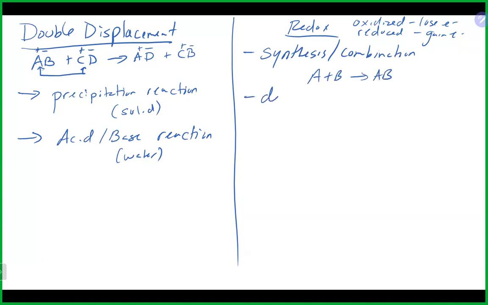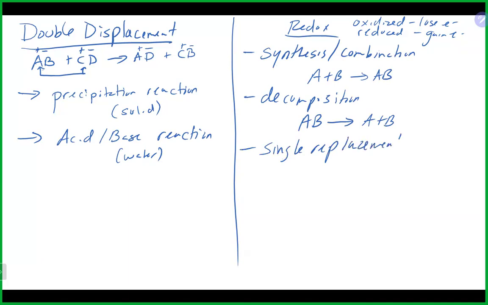We have our decomposition reaction, where one thing makes multiple things or two things. We have our single replacement reaction, where we have a single thing with no charge replacing somebody in an ionic compound and then gaining a charge.